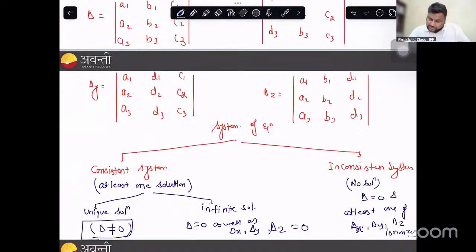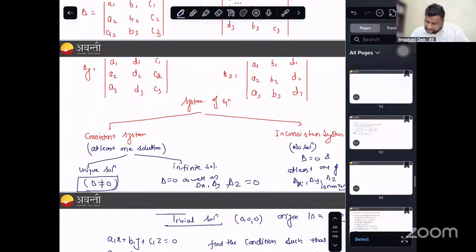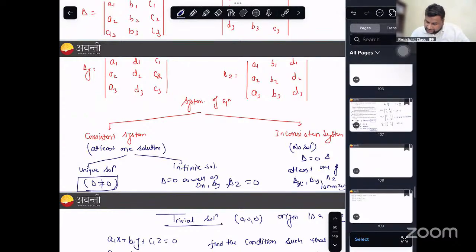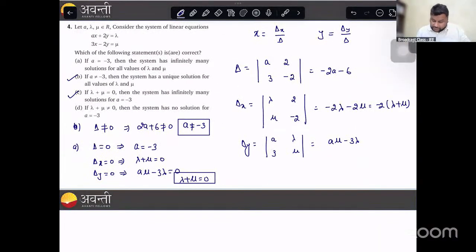That is the condition only. So here, for the D option, delta should be 0, which means a equals minus 3. And at least one of delta x or delta y should not be 0, which means definitely lambda plus mu should not be 0. We are getting the same condition from both of them. So the system has no solution for a equals minus 3. Understood?